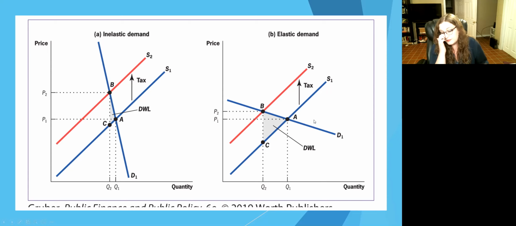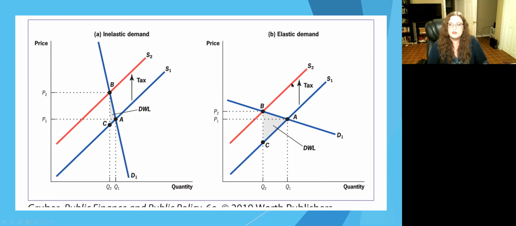Now let's say it's more of an elastic demand. Let's say this is, I don't know, oranges. If I start taxing oranges by a lot, if you're demanding oranges, you're gonna be like, no thank you, I'm not paying a crazy tax on oranges, I'm just gonna go eat apples or blueberries or something. So what happens in this case, when it's a relatively elastic demand, you're very willing to walk away relative to price changes.